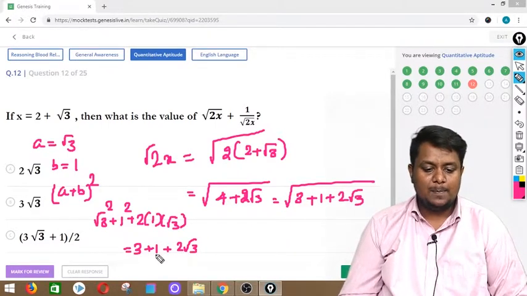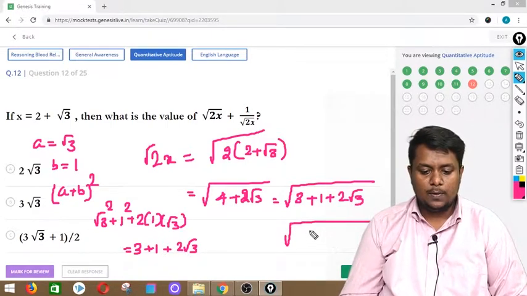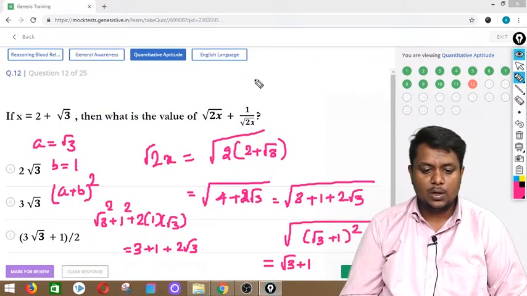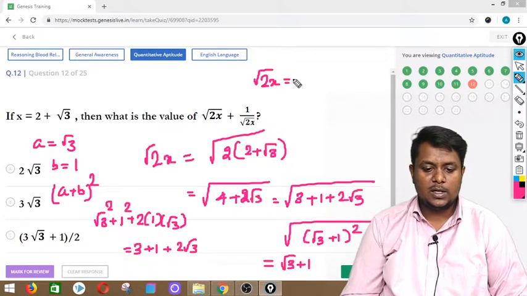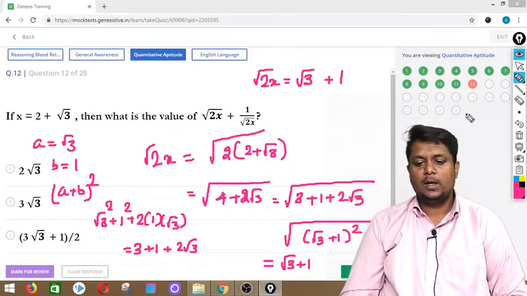Now instead of 3 plus 1 plus 2 root 3, I can write it as root of (root 3 plus 1) the whole square, which will become root 3 plus 1. So basically, based on this expression, we have found out root of 2x is equal to root 3 plus 1.